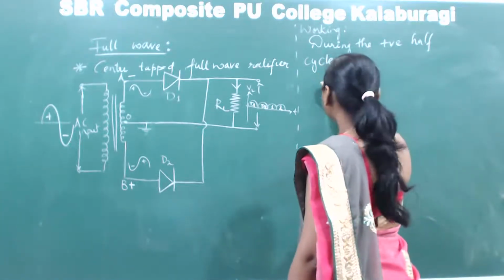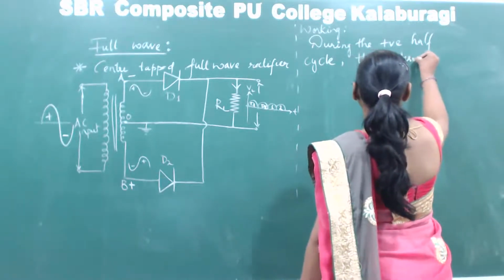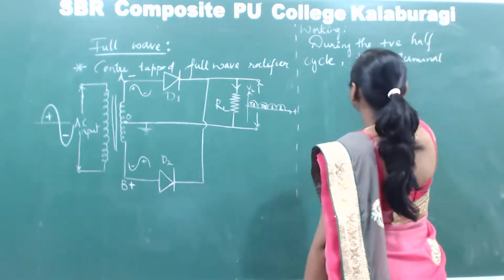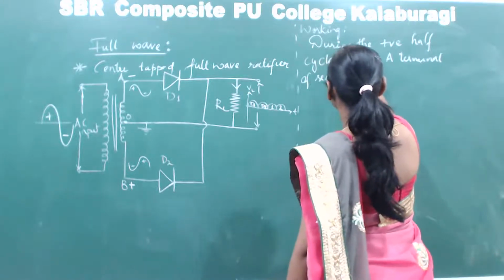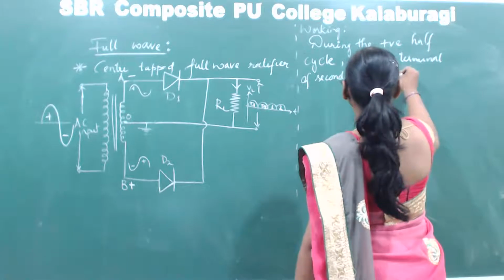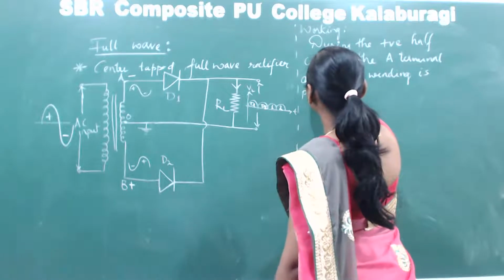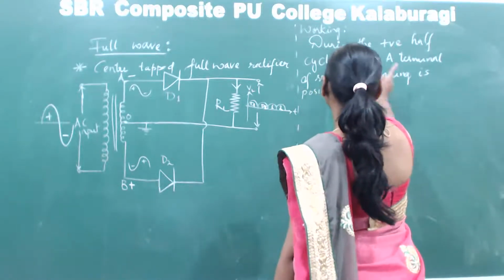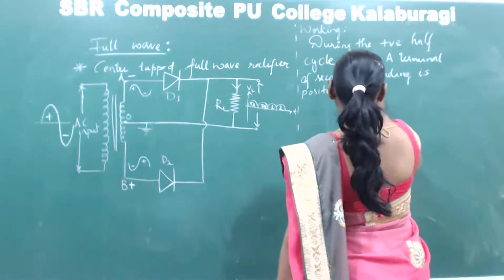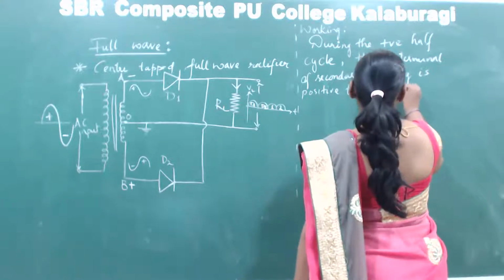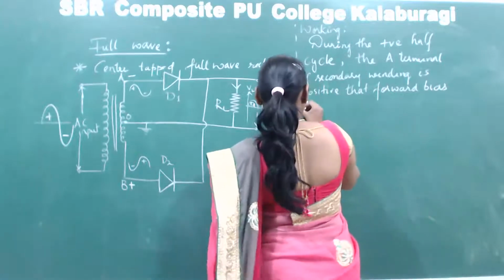The A terminal of the secondary winding is positive. For the positive half cycle, terminal A is positive, that forward biases diode D1.